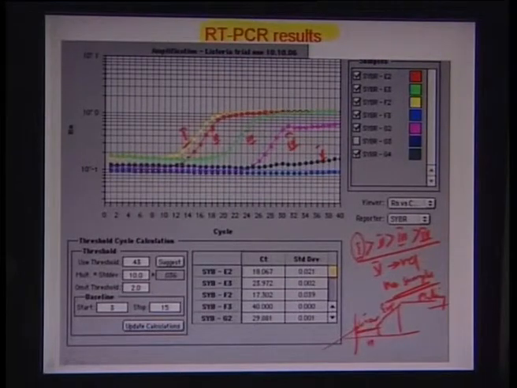So this is the number of cycles, and this is the relative fluorescence, RF, the growth in that. What happens here is that in this region there is very little primer or enzyme or other molecules available, because this is a diffusion limited regime. Diffusion has not fully taken place.